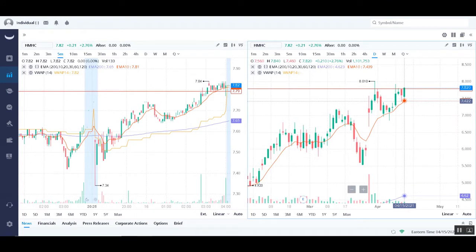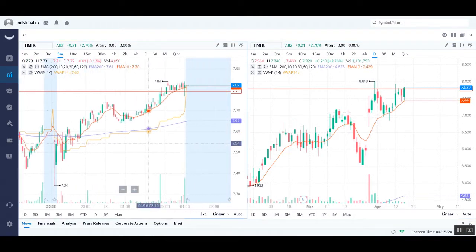So there is strength, and there's volume also. 2 days ago the volume was about 1 million, and yesterday the volume was slightly, 100k, more than 2 days ago. Is this considered a bull strength setup? Yes. If the market continues to rise after this level, I will look to buy.